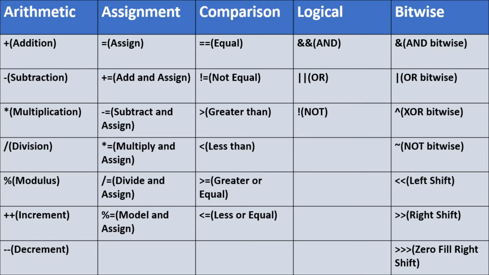Then we have a comparison operator that is used to compare two variables and get the result in boolean, such that true or false. Let's suppose we want to compare two numbers, and we use two equal signs in the first row. If these are equal, it will return true, otherwise it will return false.